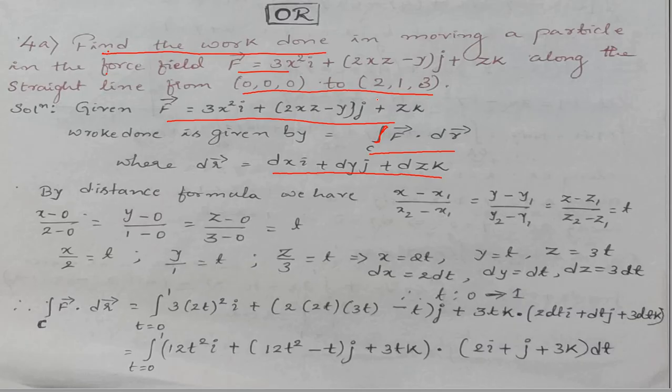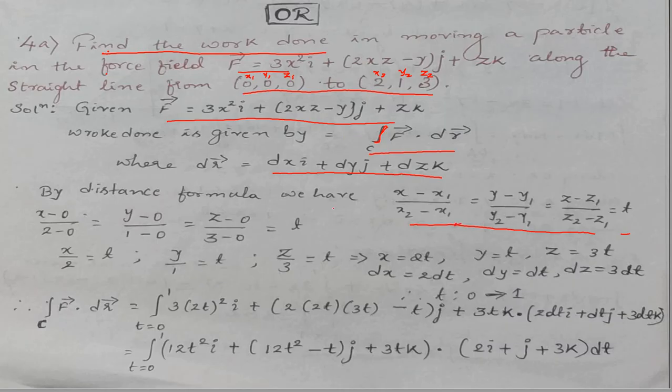As the given problem contains three variables x, y, z, it should be converted to a single variable. By using the distance formula, which is equal to t, I substitute and equate it to t, so I will get x in terms of t, y in terms of t, z in terms of t. Consider these values as x1, y1, z1 and these as x2, y2, z2, and substitute them in this formula.